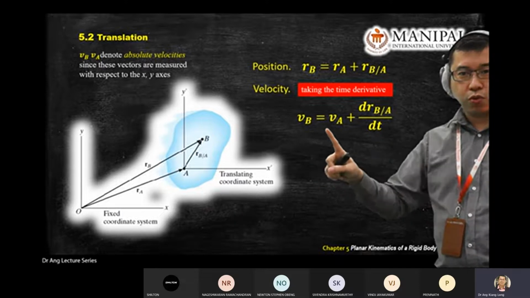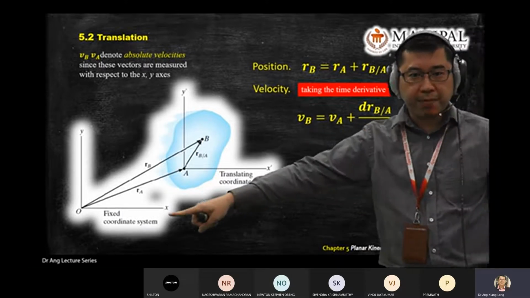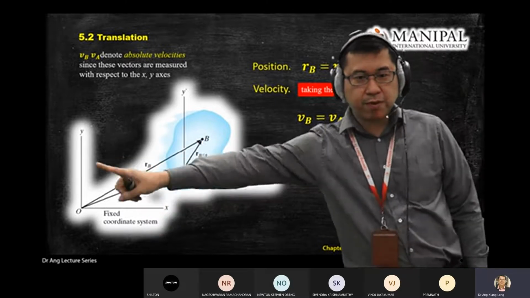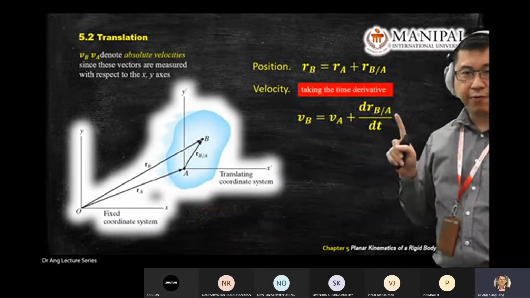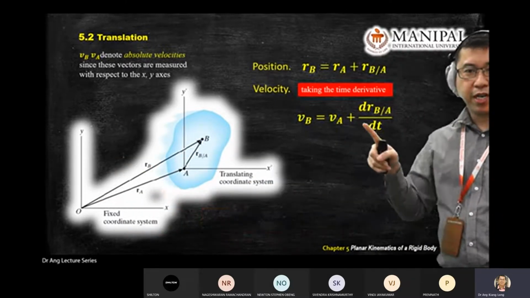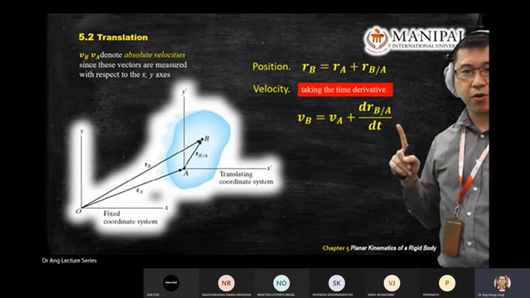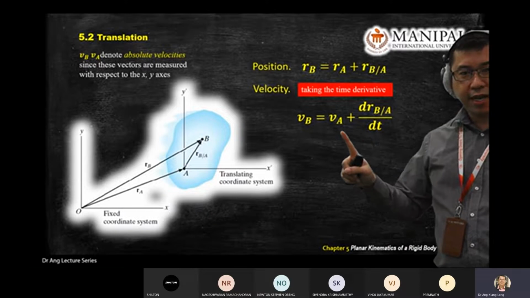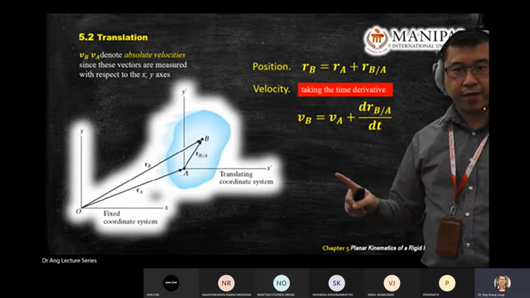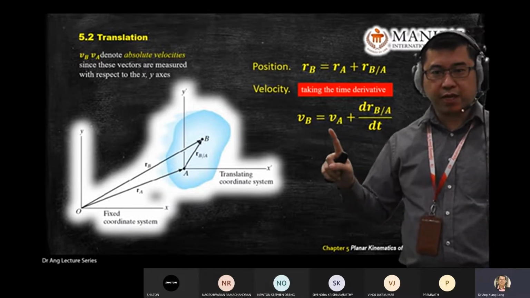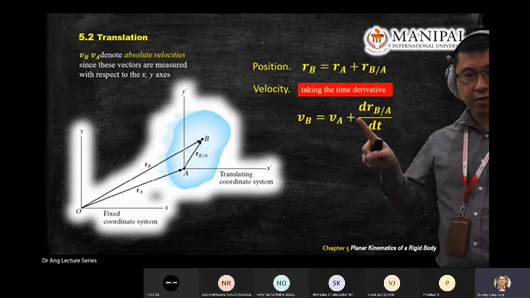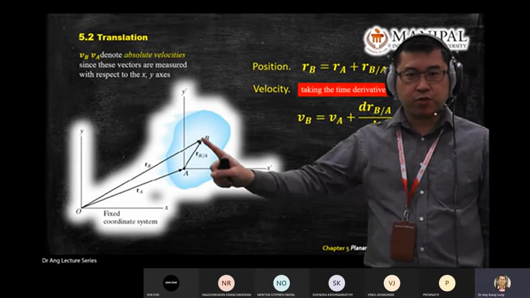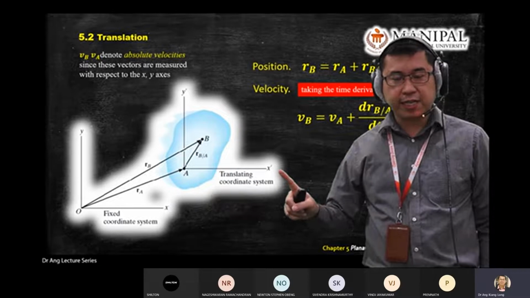These two, you refer to primary or fixed coordinate system, x and y. However, this one, you're referring to translating coordinate system. So don't mix up this one and these two. These two is easy to find. However, the challenging part is this one, because you need to be sure of the translating coordinate system.